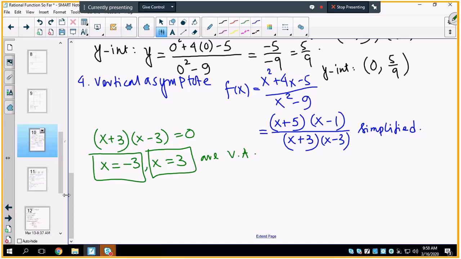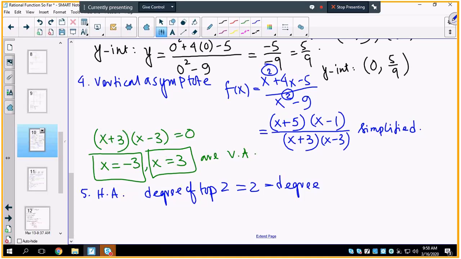Step number 5 is finding the horizontal asymptote, and that is to deal with the degrees. So the degree of the top, as you can see, is 2, which is equal to the degree of the bottom. So the degree of the top and the degree of the bottom are the same number. What does that mean?